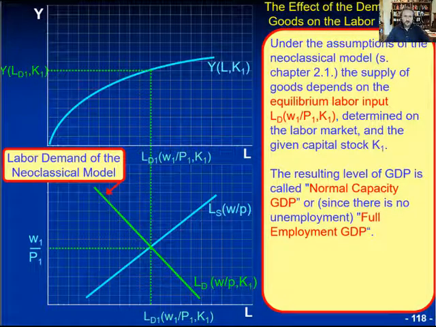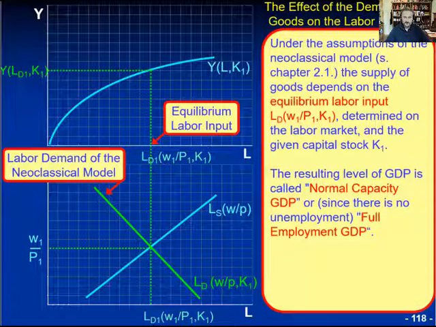Under the assumptions of the neoclassical model, which we have discussed in chapter 2.1, the supply of goods depends on the equilibrium labor input determined on the labor market, where the wage rate adjusts until labor supply and labor demand are identical.